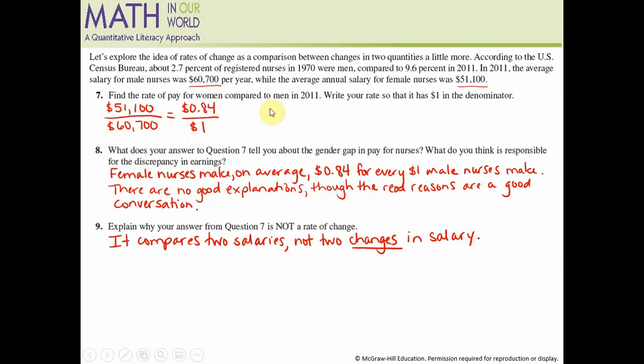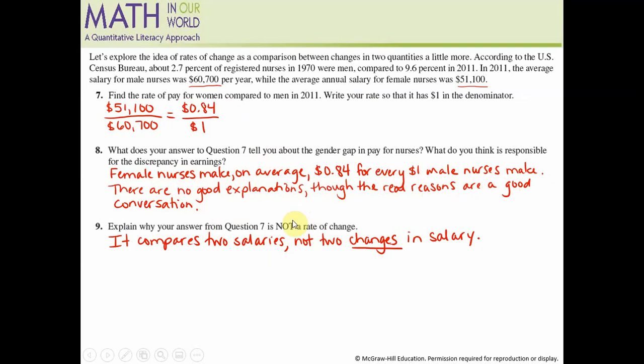So that comparison of dollars is 0.84 for every $1. They only made 84 cents for every $1. What does that tell you about the gender gap in pay for nurses? That's how we could compare two different pays. Female nurses make on average 84 cents for every $1 male nurses make. There are no good explanations of the real reasons for this.